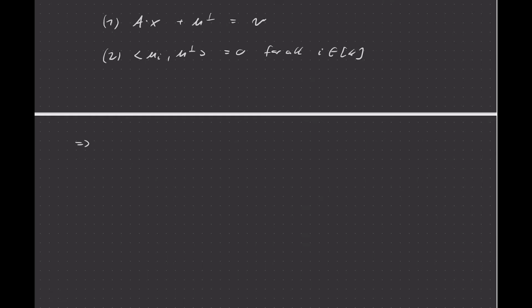Now we can write this a little more concisely. Let's copy the first equation here first. The second one, we can write with the help of the matrix A, by saying these scalar products can be expressed as the rows of A transposed, right? The columns of A are those u1 to uk, so the rows of A transposed are also those u1 to uk. And we multiply those with our vector u ortho.